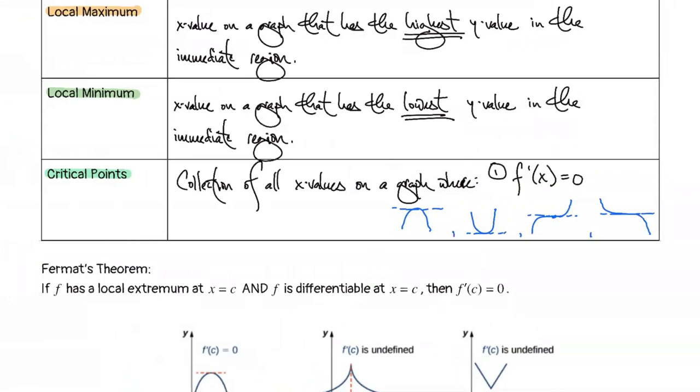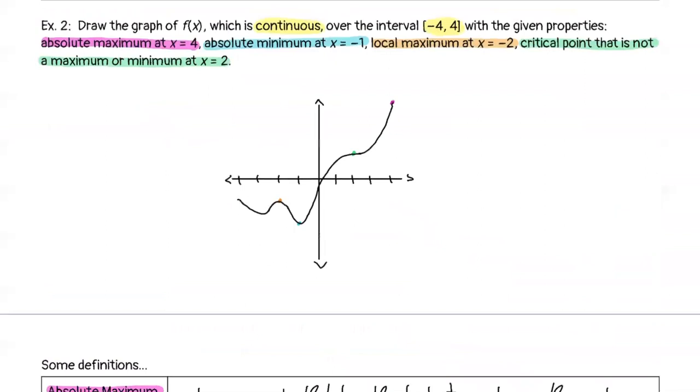So a critical point is any of these. However, when we go back to the way this statement was phrased, a critical point that is not a maximum or a minimum, that second part was from this question, but the critical point part is that it has a slope of 0.